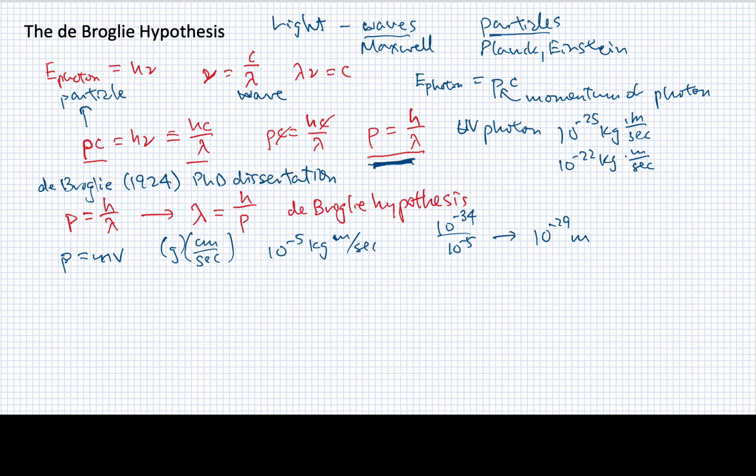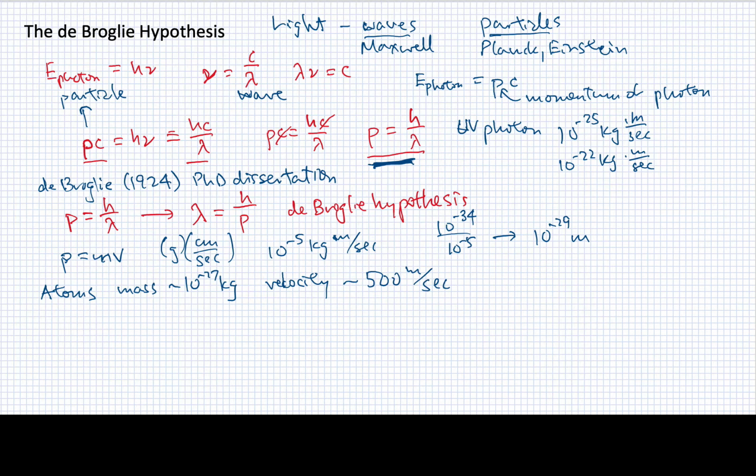So what we might do is shift our point of reference to atoms. And an atom typically has a mass of about 10 to the minus 27 kilograms. If we were in an ideal gas at some reasonable temperature, its velocity might be something like 500 meters per second.